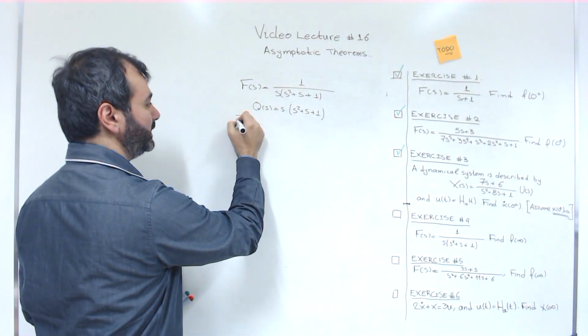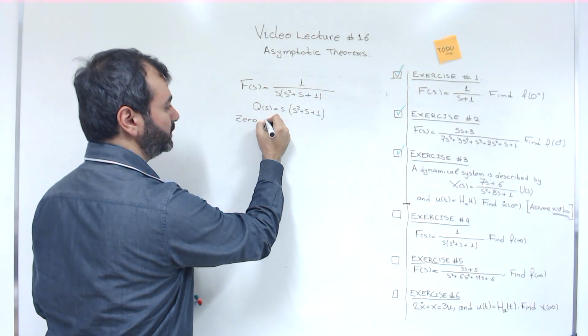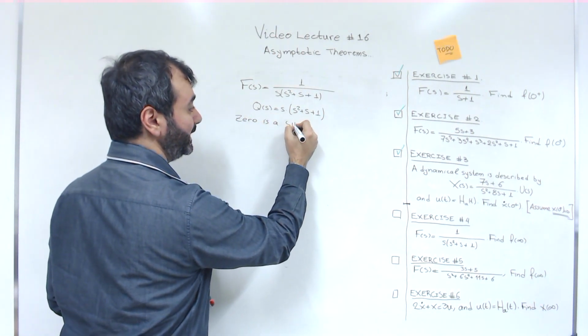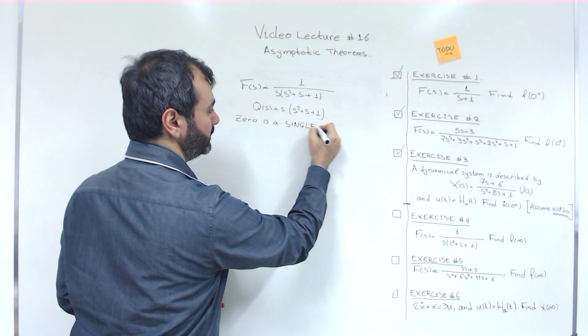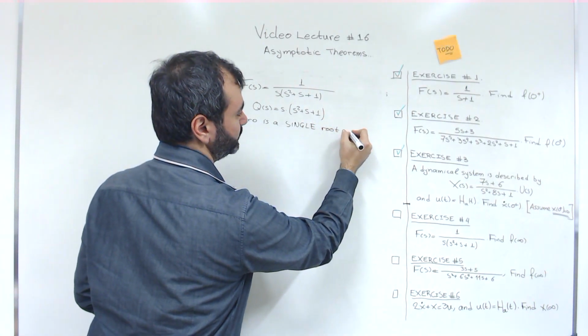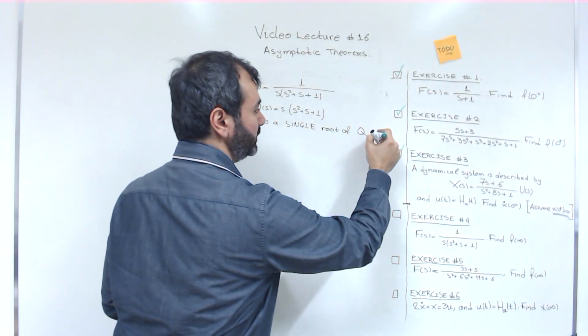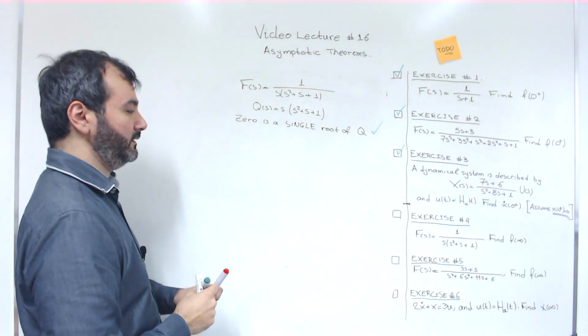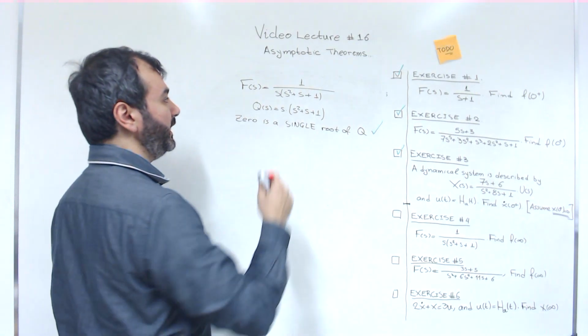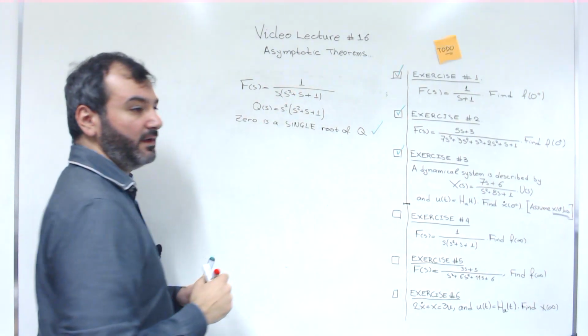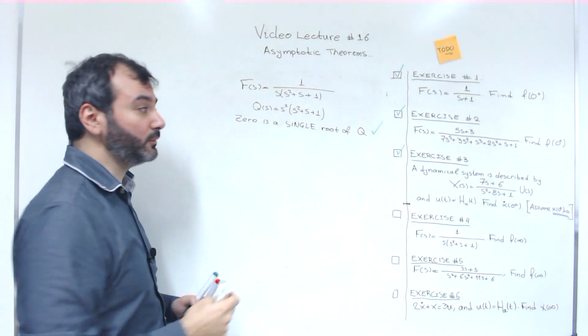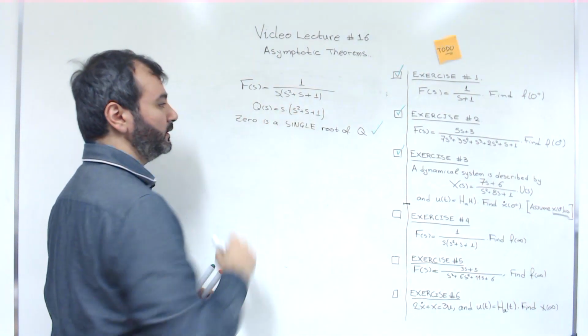Apparently we have that 0 is a root. It's a single root of Q. But this is okay, this is allowed. This is fine. It's not a double root, by the way. If we had a square here, that wouldn't be allowed. That would be a double root. We have a single root, which is fine.